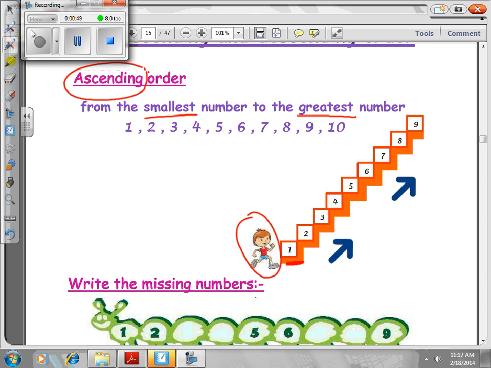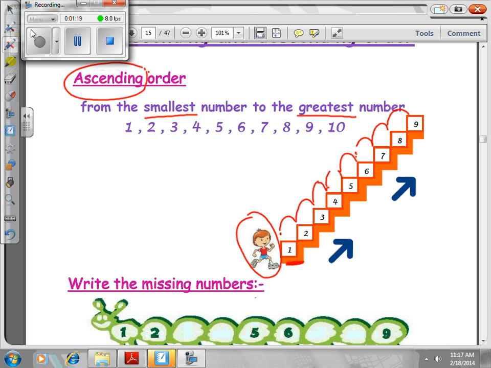When he goes up the stairs, the numbers are getting bigger. Then he goes up one step, 2, and then from 2 to 3, then 4, 5, 6, 7, 8, 9, till he reaches number 9, which is the biggest.